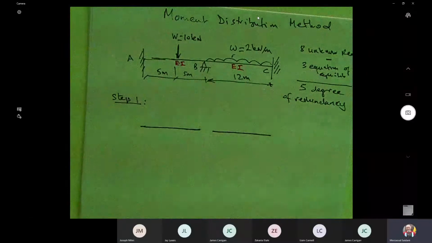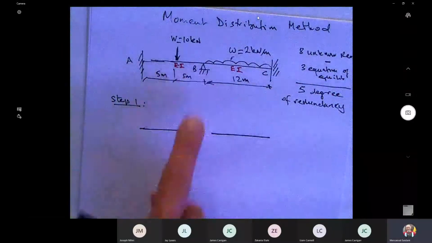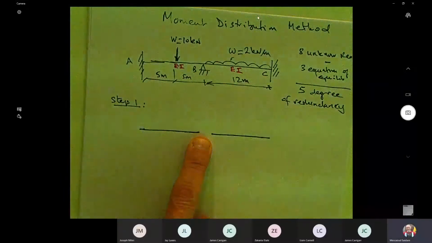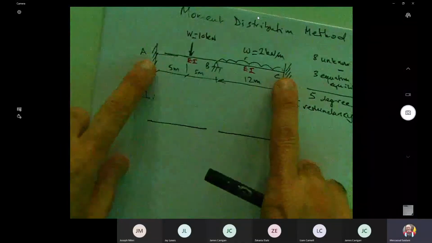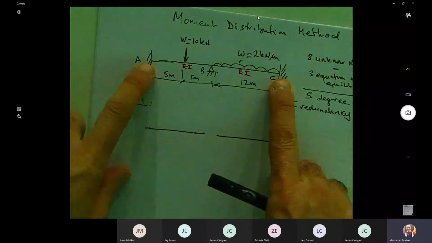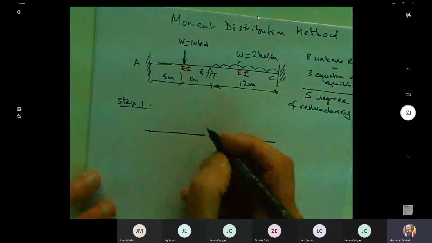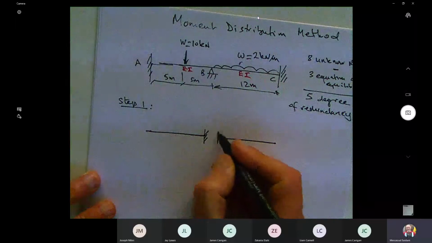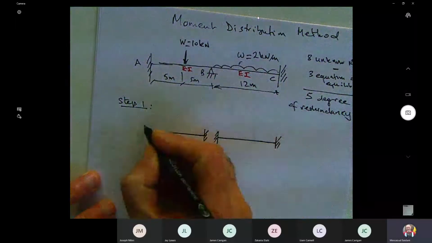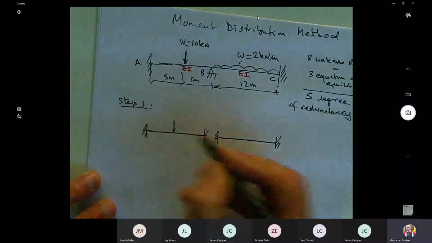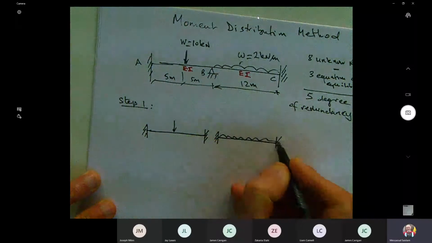When you split it up, remember, please, the rule is the intermediate support here becomes fixed. Any intermediate support becomes fixed when you split it up. The end supports can remain as they are, but the intermediate supports become fixed, like here. So this is what we have now, with the load here and the UDL on that side.